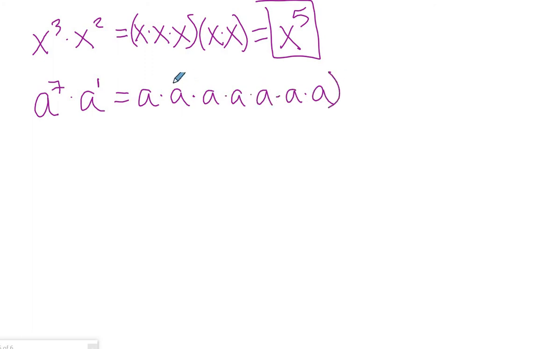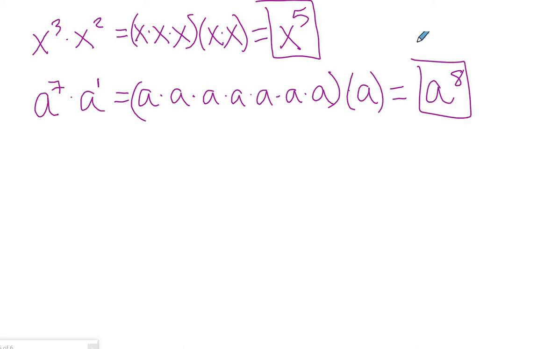Yep, that's 7 A's. Times A to the 1, or A to the first power, which is just A. And in total, I end up with 8 factors of A, so that's A to the 8th power. And keep thinking about how 7 and 1 are related to 8, and how 3 and 2 are related to 5.